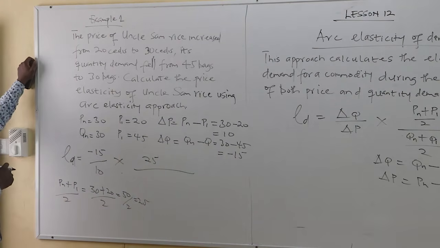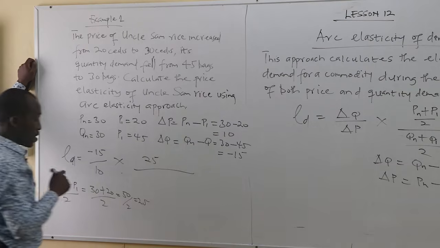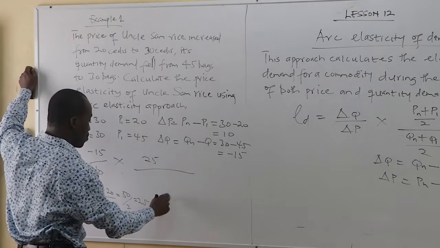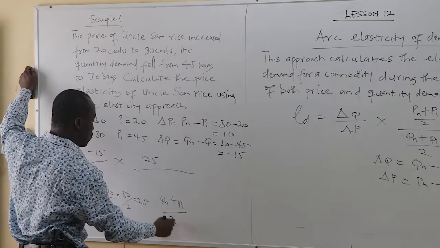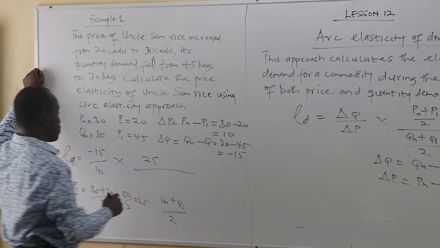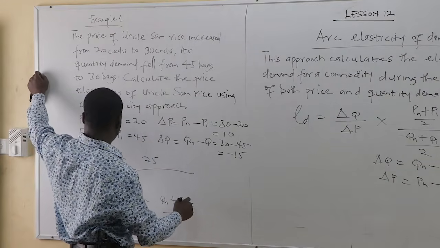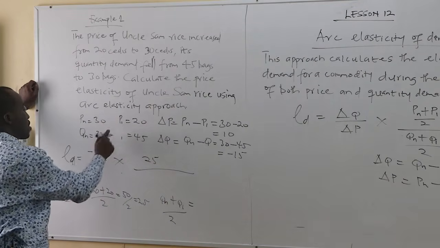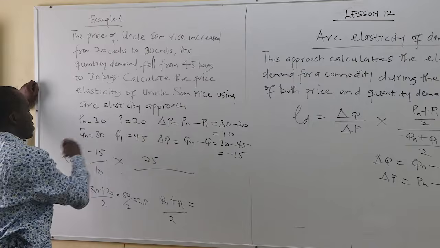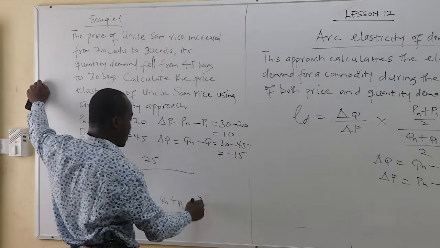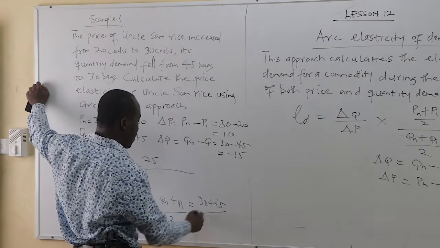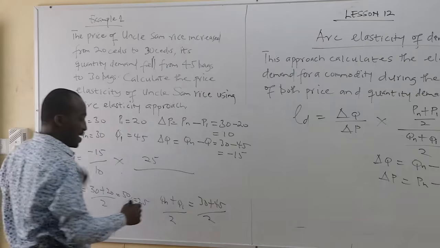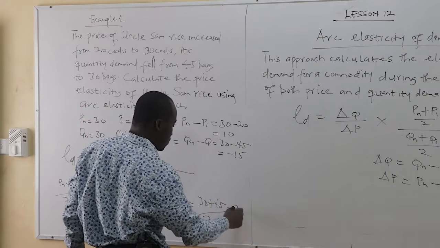What about that for demand? Q2 plus Q1 divided by 2, what do you get? That's 30 plus 45 divided by 2. That's 75 divided by 2.